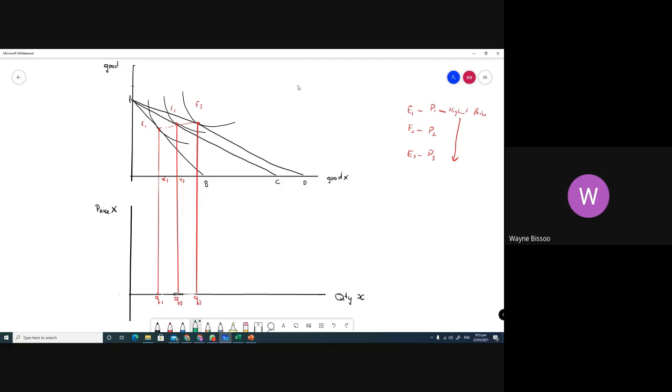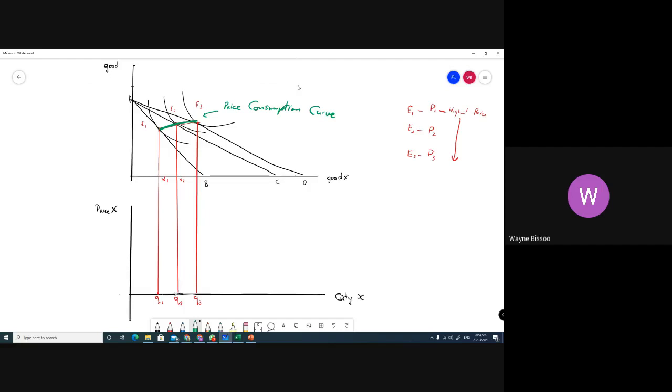They connected these three lines to each other here like this. What line is this, guys? This is the price consumption curve, and that line is showing the relationship between prices and consumption.